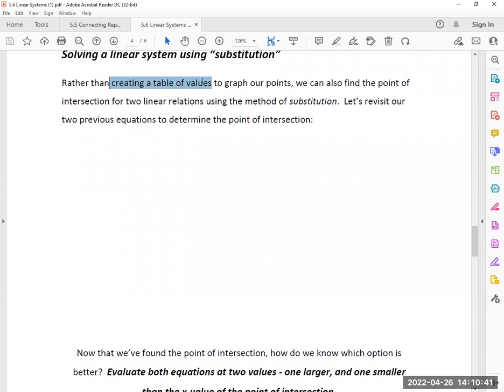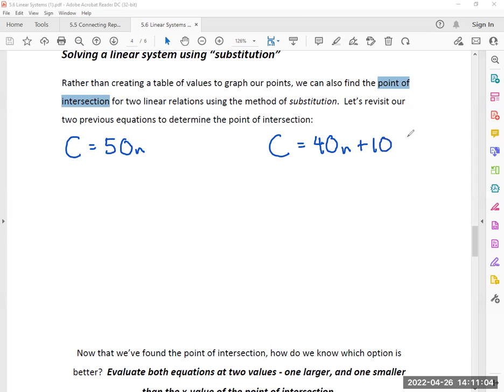Rather than creating a table of values, we can also find the point of intersection for two linear equations using something called substitution. As in you substitute, like a substitute teacher, you're replacing. Let's take a look. This is equation 1. This is equation 2. Really important. Ethan, up here. So far, so good? Everyone's okay?